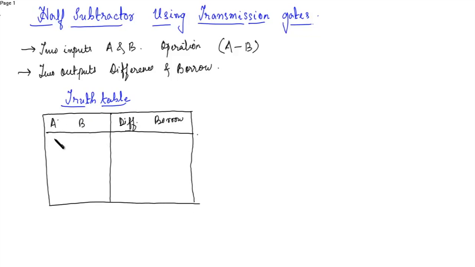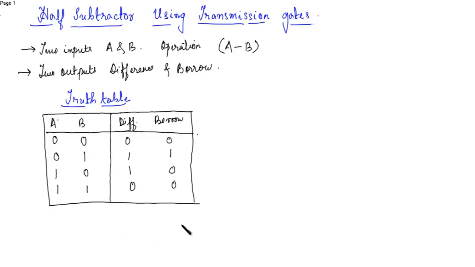When the input is 0, 0, then the difference is 0. The borrow will be also 0. When 0, 1, 0 minus 1 is not possible. So there will be a borrow, and the difference is 1. When it's 1, 0, the difference is 1, borrow 0.